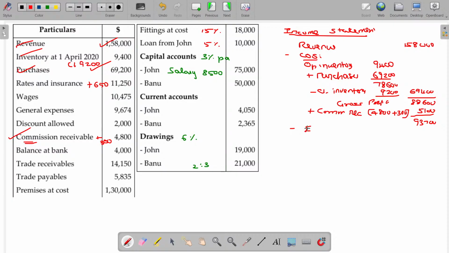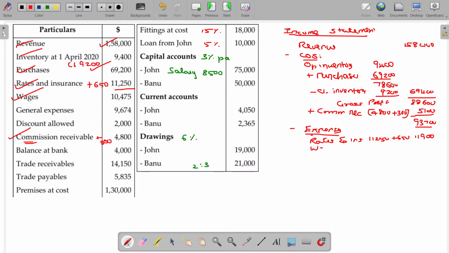Less expenses. Rates and insurance. The value being 11,250, and you have to add 650 with this. Then this value being 11,900.